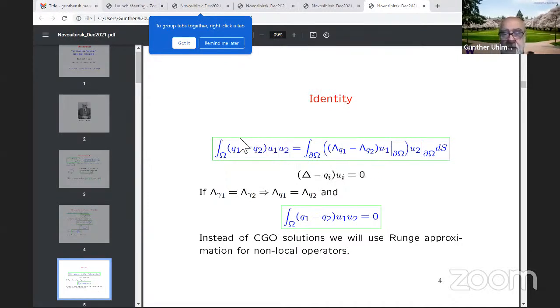You can see the potential and the Dirichlet to Neumann maps appear linearly. The nonlinear part is in the solutions u1 and u2, which depend on the potential. So if you're looking just at uniqueness, lambda Q1 equal to lambda Q2, this is 0. And the question is whether you can construct enough solutions so that the products are dense in the space of solutions.